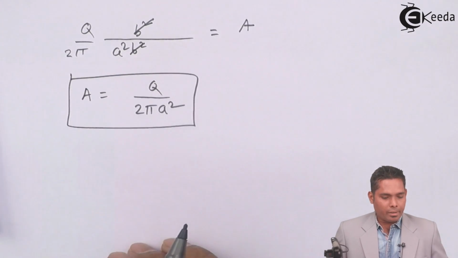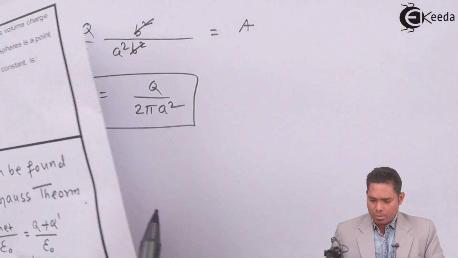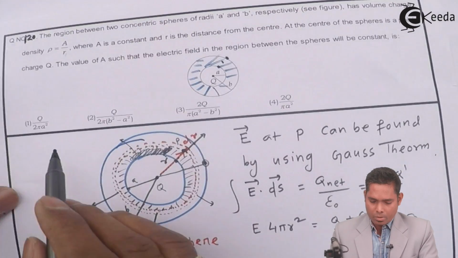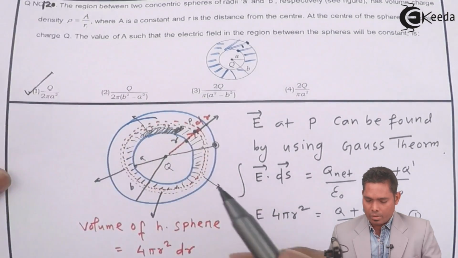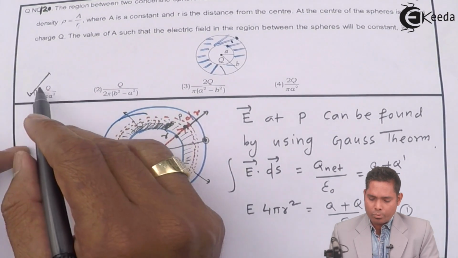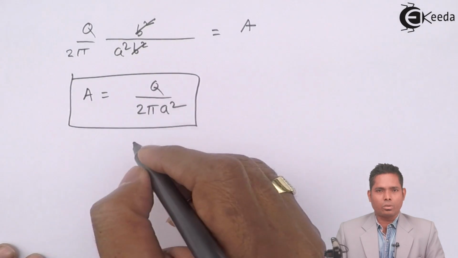If I see the options here, you can see that option number 1 is correct, q upon 2 pi square. This is the value of A for which the electric field has to be constant.